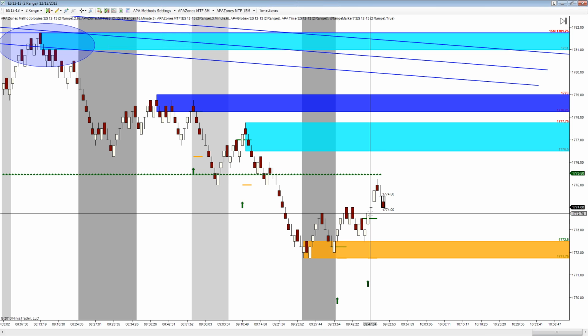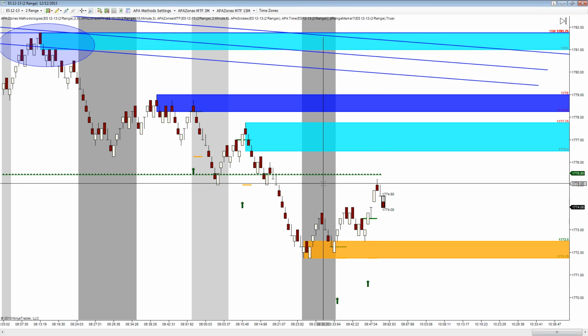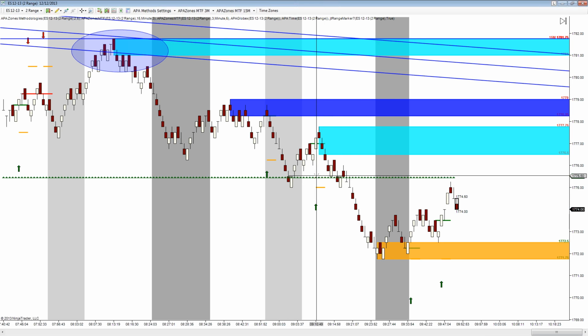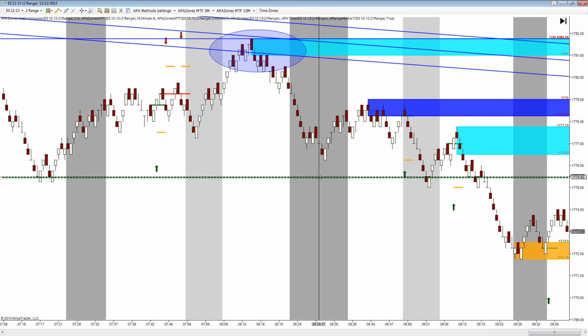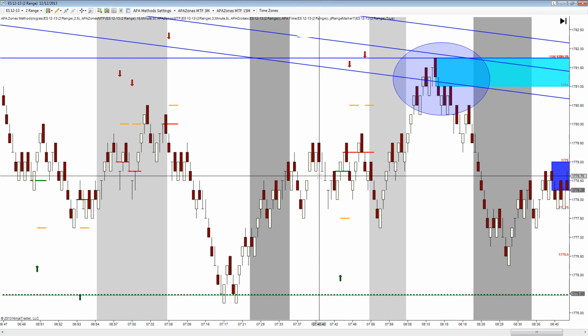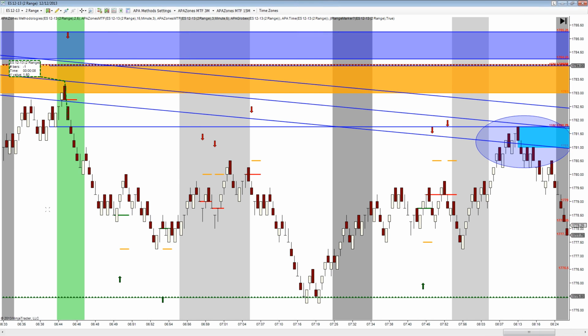So you could use a limit order to get into some of these trades, whereas if you don't, it'd be all market, which is prone to slippage and all that good stuff. I hope that helps with some of the new advances that we're coming out with.